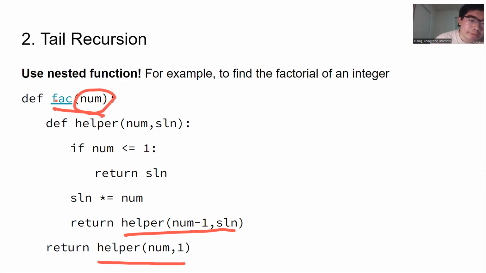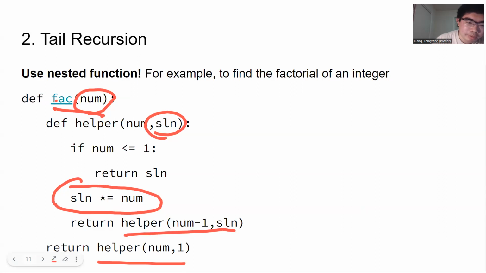We have only one input here, and you want the auxiliary variable, and you want to carry the auxiliary variable in the function. You cannot have the auxiliary variable in the outer function because you only receive the one input of the outer function. So that's why you use a nested function, because in the nested function you can use the auxiliary variable. So that is why we have to use a nested function.